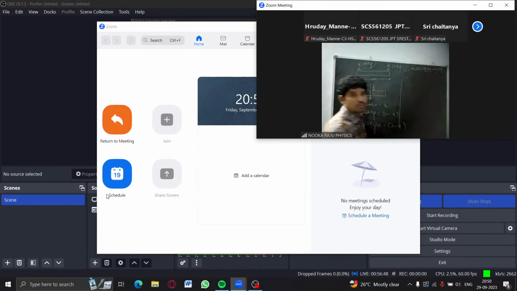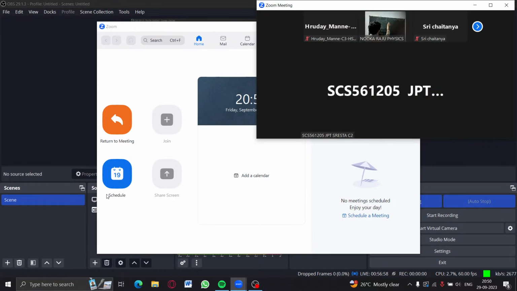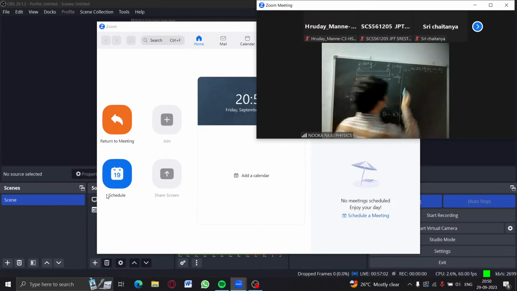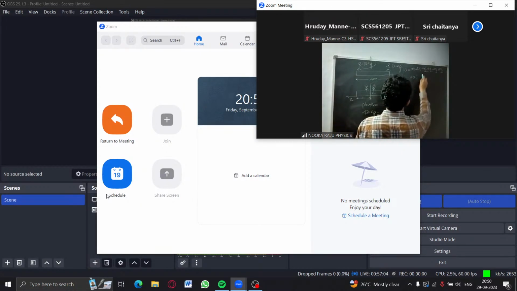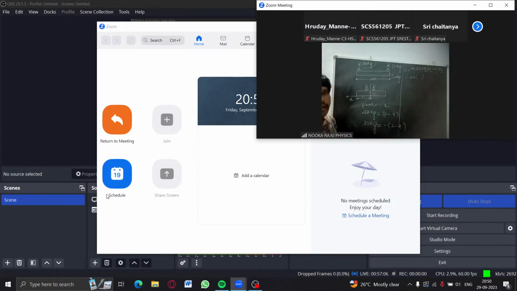What is the M1 value? The plank mass equals 20 kg. 20 into what is the displacement of the plank? Minus x.